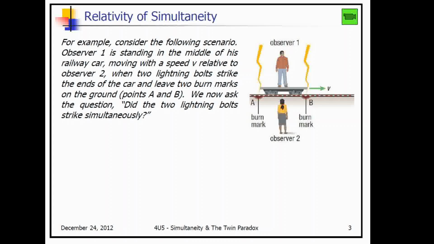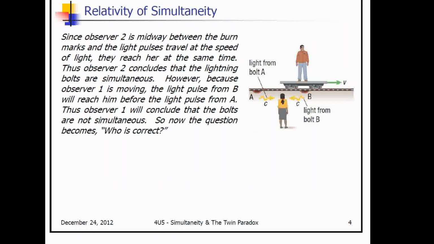Again, with a person in a rail car that's moving at a velocity of v, let's say observer 2 sees two lightning strikes hit at both ends, A and B, of that rail car. Now, the question is, did they occur at the same time? Observer 2 would say they did. But for observer 1, let's analyze this situation a little bit more.